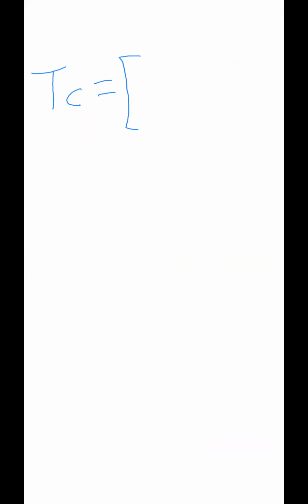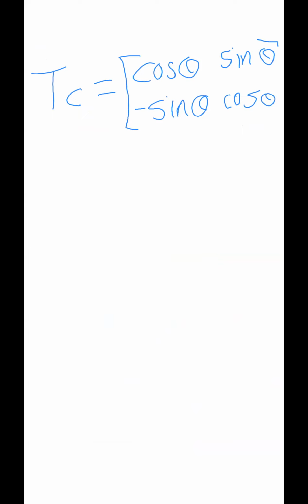So T matrix for clockwise is cos theta and here minus sin theta, here sin theta, and here cos theta. So this is T matrix for clockwise rotation, and T matrix for anti-clockwise is simply interchanging these two.